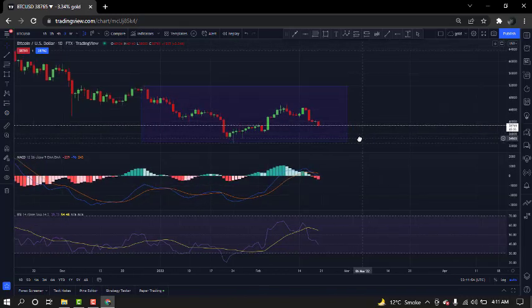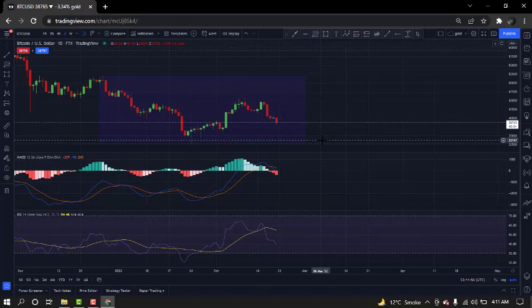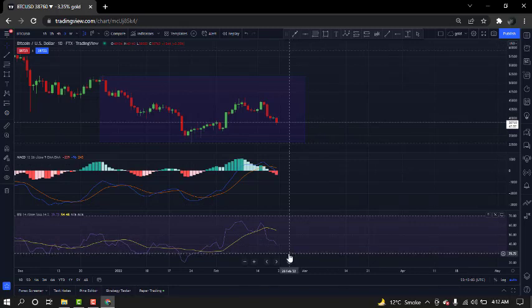So we will wait for confirmation. If the market goes down and touches the level of 30, the oversold condition, then we will take a buying position.